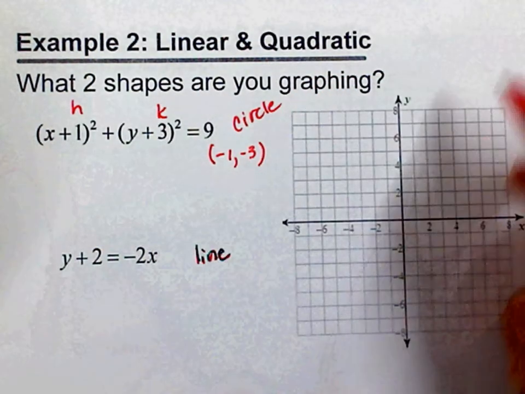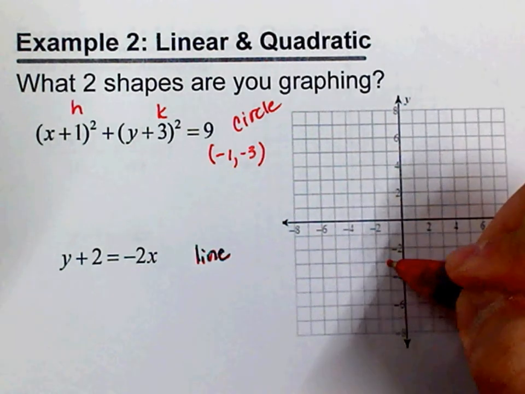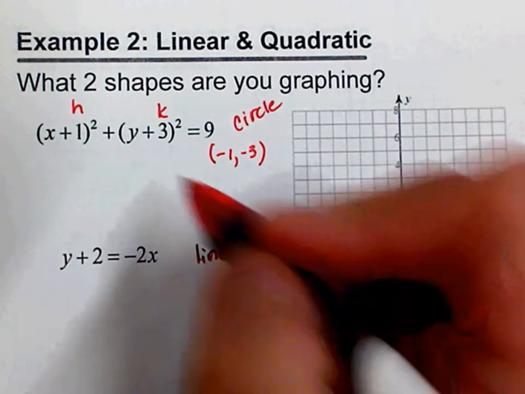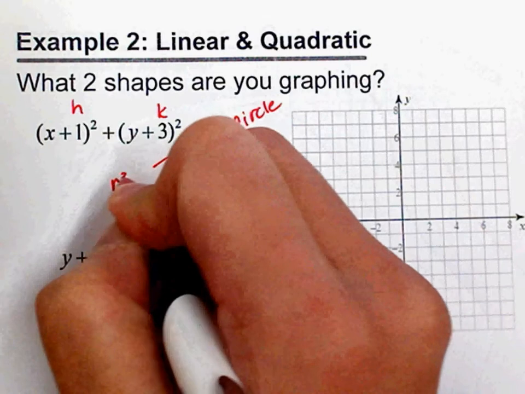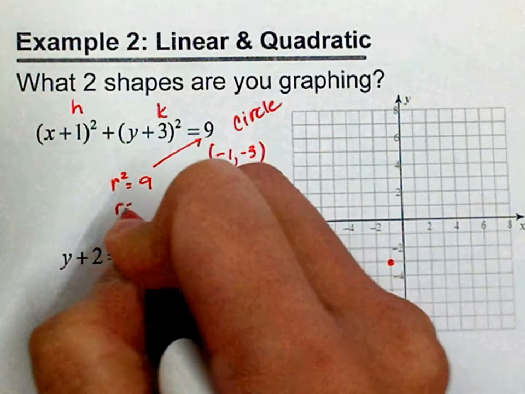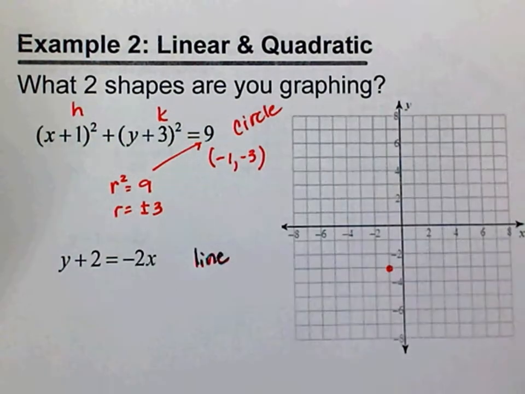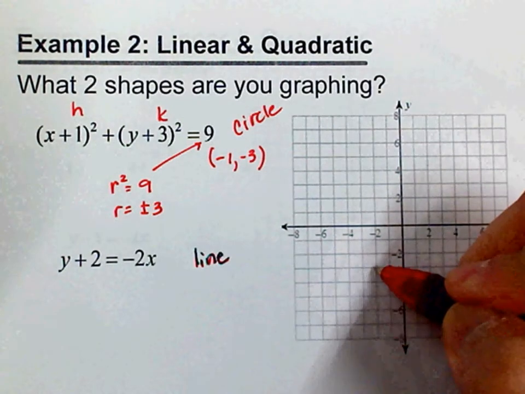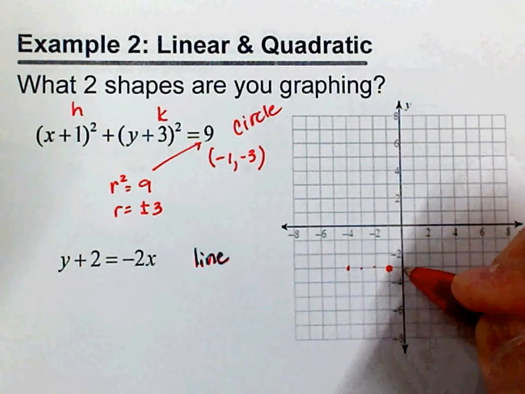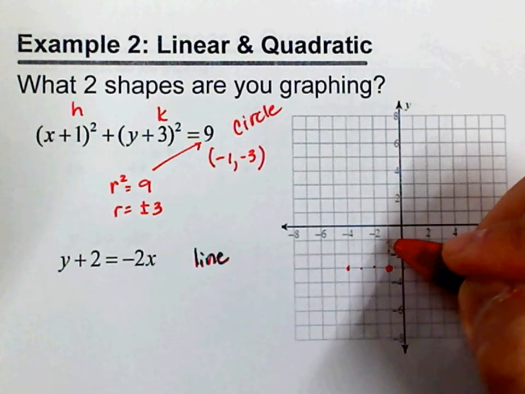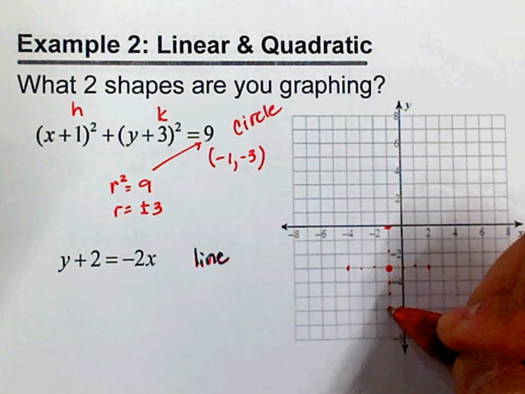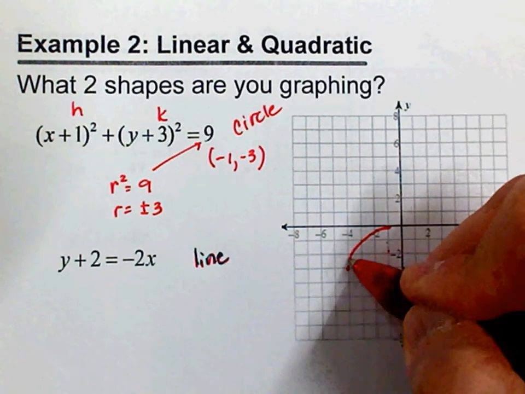So go -1, -3. Your radius, r squared, is equal to 9, so r is equal to plus or minus 3. So you can go left 3, 1, 2, 3, right 3, 1, 2, 3, up 3, down 3. And so you have your shape that is a circle.